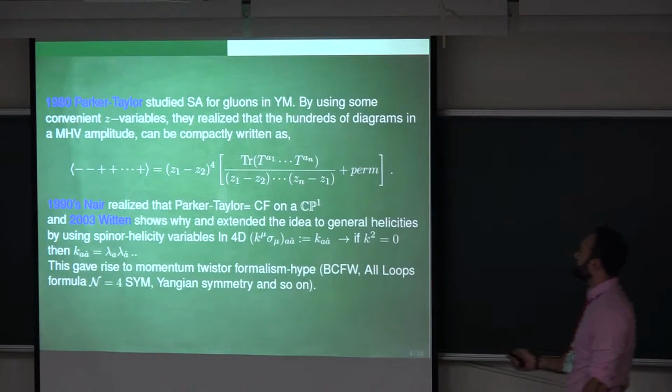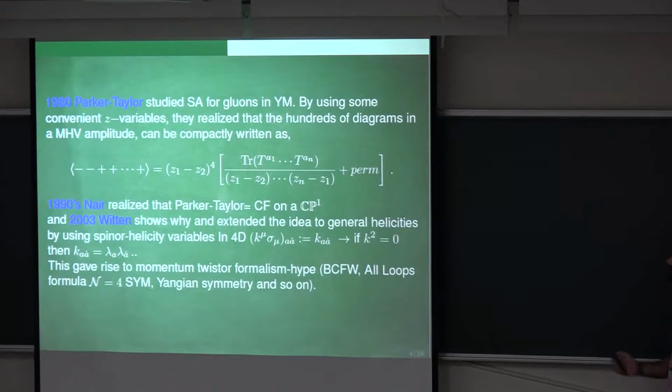So this historically traces back to the 80s, where Parke and Taylor studied scattering amplitudes for pure Yang-Mills, and then by making just a brave work of some hundreds of Feynman diagrams, they realized that the simplest amplitude in Yang-Mills, which is called the maximal helicity violating amplitude, consists of a bunch of gluons with two of them of different helicity from the rest of them.